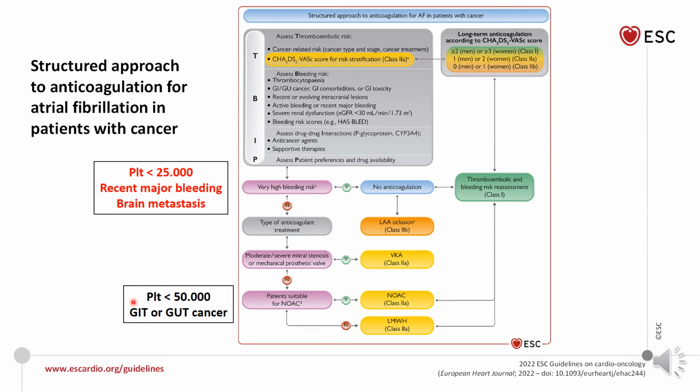So in this type of patient, we have the option of low molecular weight heparin with a class 2A recommendation. We should also consider a patient-centered approach, taking patient preference into account, and the potential for drug-drug interaction.